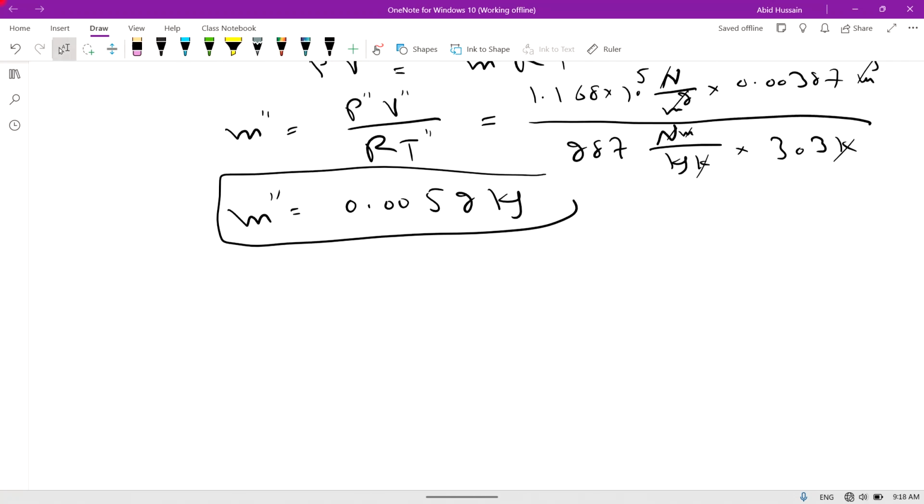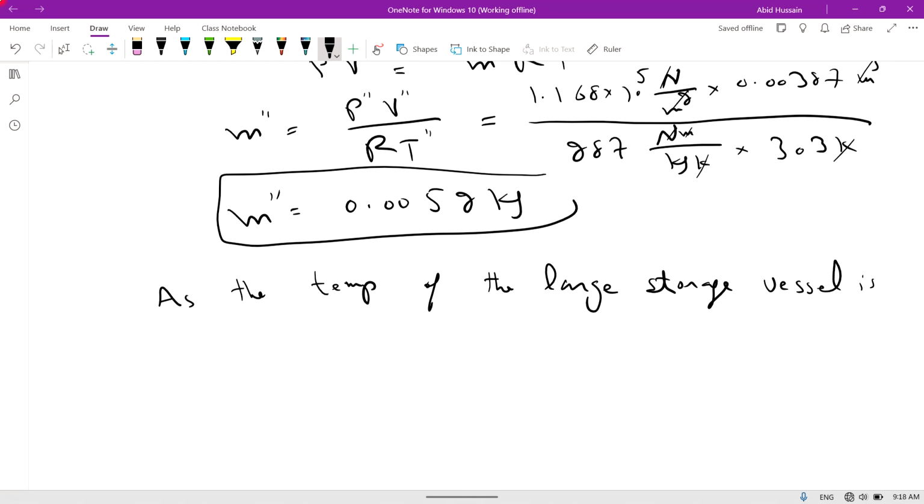As the temperature of the large storage vessel is constant during the process, the specific enthalpy of the mass entering the system is constant, and H is constant.